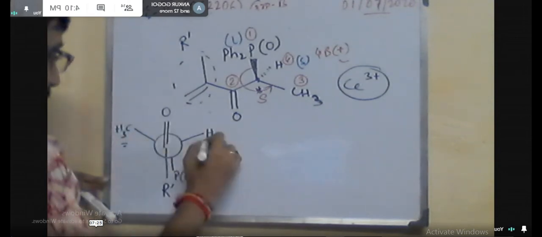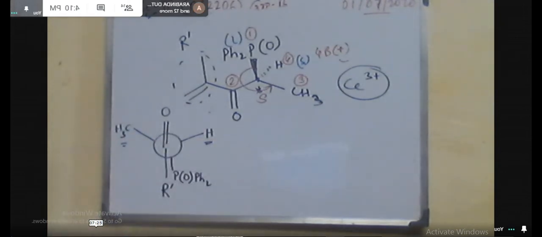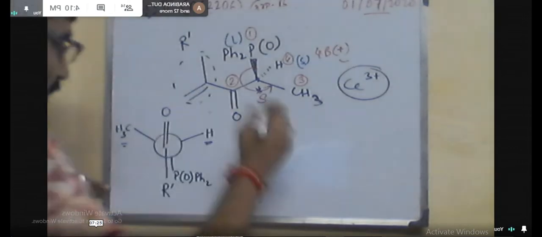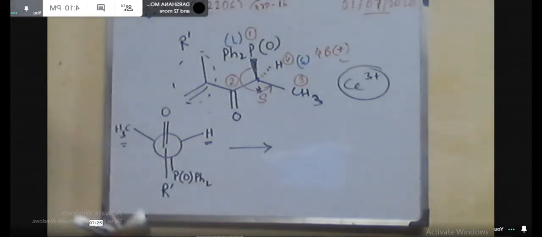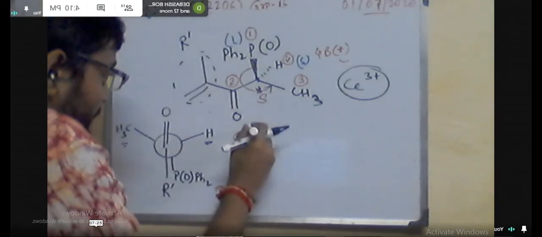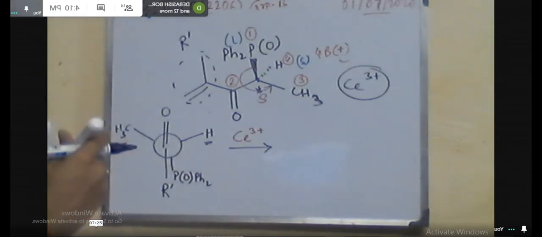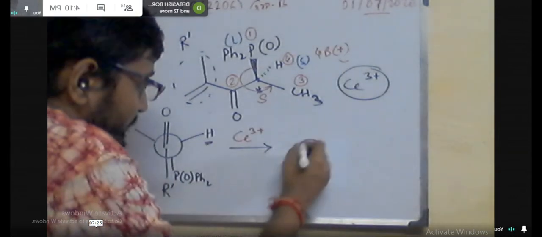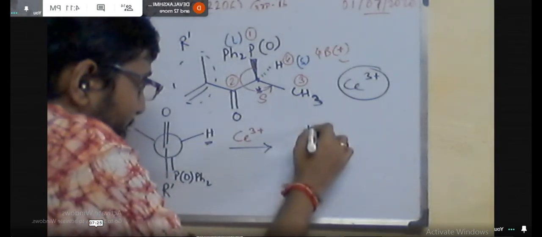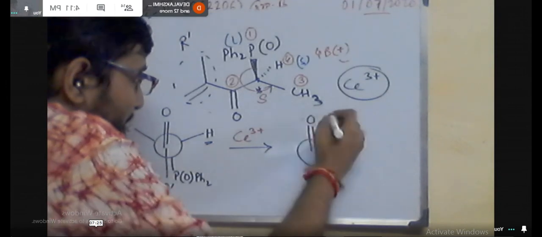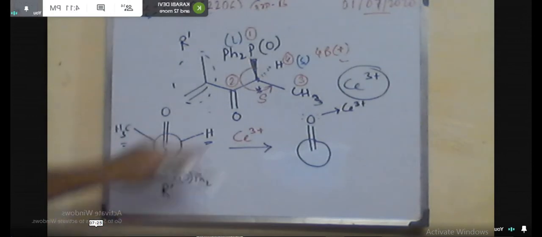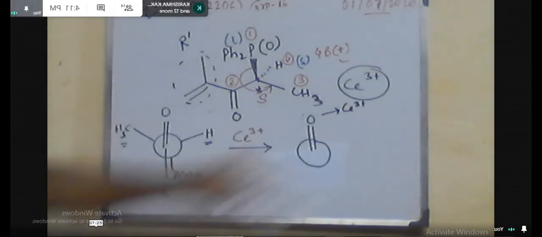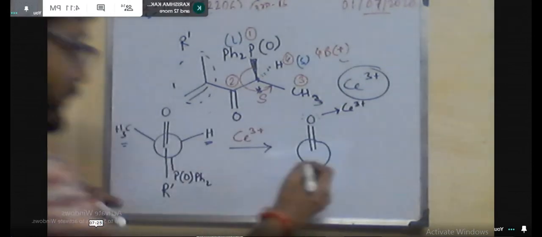Now if this is the scenario, then the rotation of the rest of 3 groups, that means it will come here and hydrogen will go there. So we will write it this way, CH3 H. As this is the chelate model, these 2 bonds are constrained, that's why this CH3 C bond is also rotated to this side. But if we write the actual way, then it should be here.